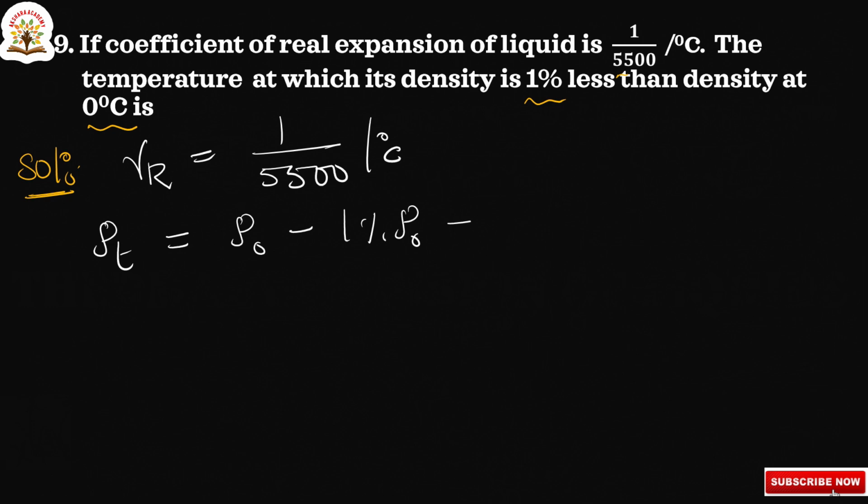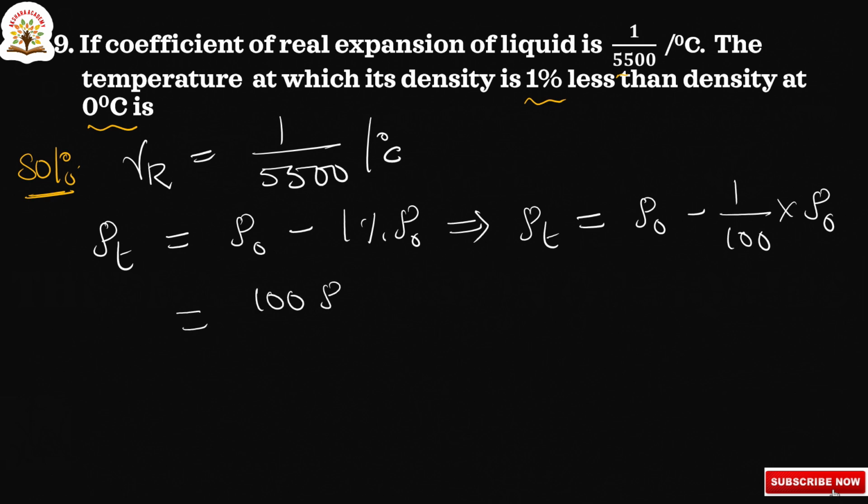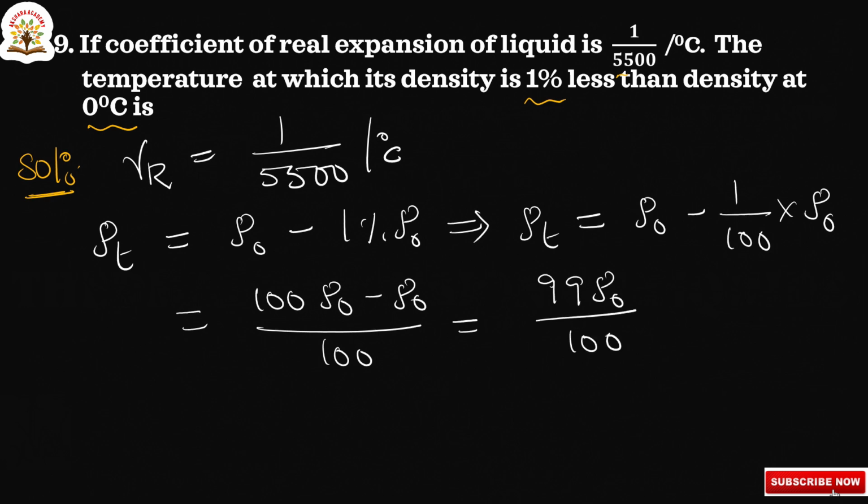So this can be written as density rho T equals rho naught minus 1 by 100 into rho naught, which equals, taking LCM, (100 rho naught minus rho naught) by 100, that is 99 rho naught by 100. So the density at T degree centigrade equals 99 rho naught by 100.